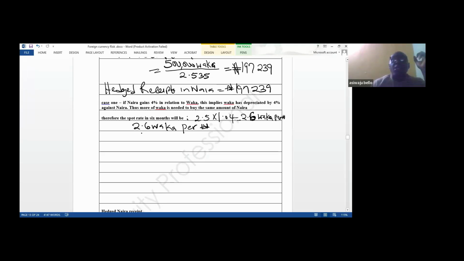Assuming we have not hedged, we will have converted 500,000 Waka to Naira at this rate of 2.6. So the unhedged Naira receipts is 500,000 Waka divided by 2.6.